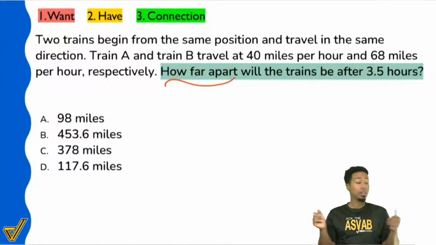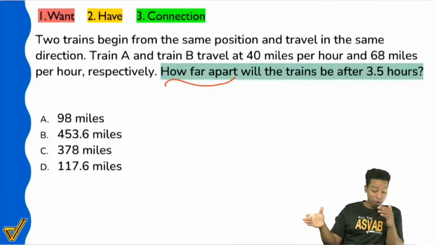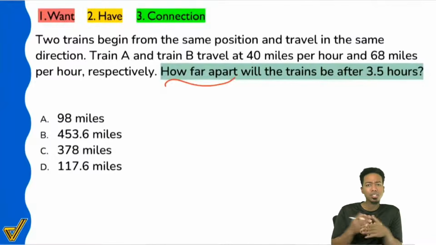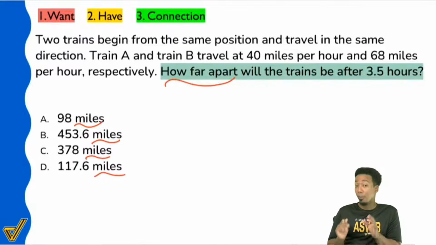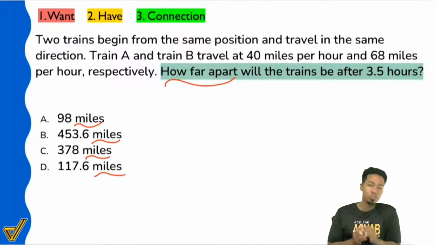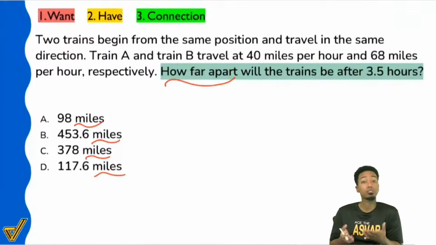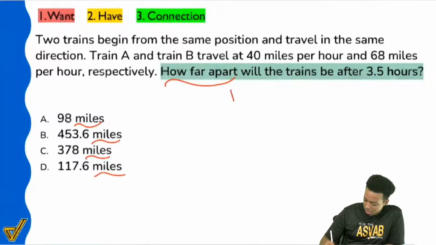How far apart are A and B, or these two things? That's definitely a distance. You can read that and feel that. And if you weren't quite sure, you can read the answer choices and you can see that miles by itself, absolutely a distance. So we can say for sure, yeah, we're looking for a distance.